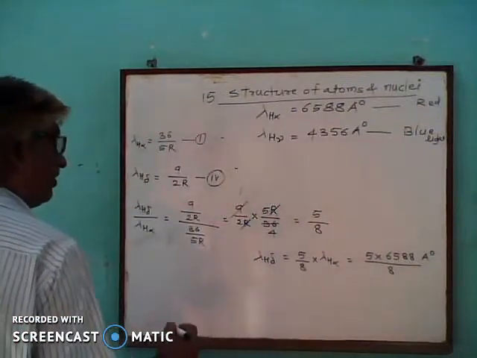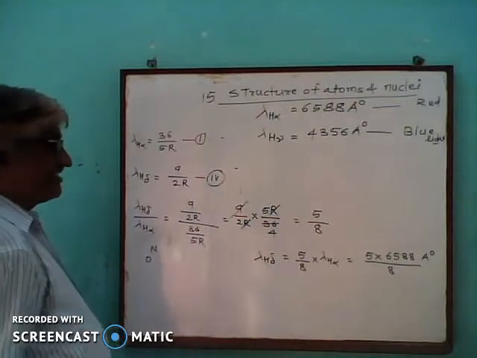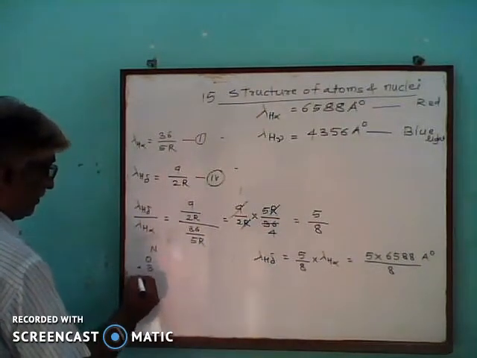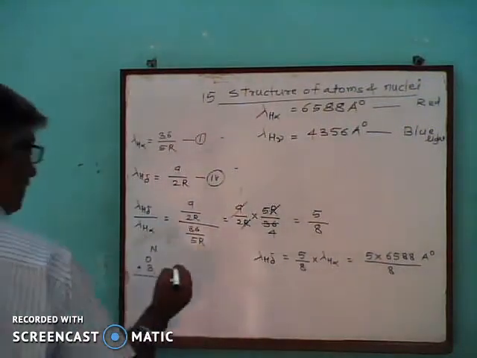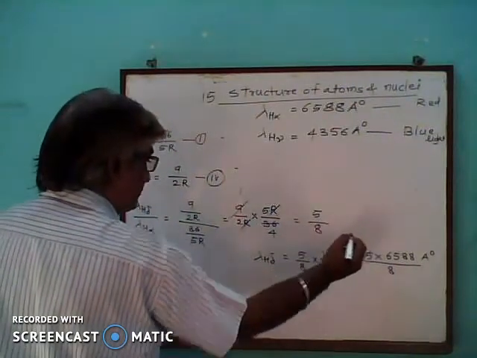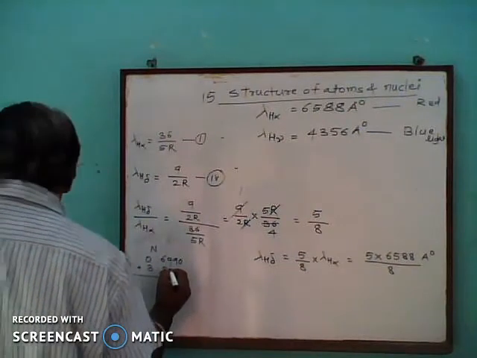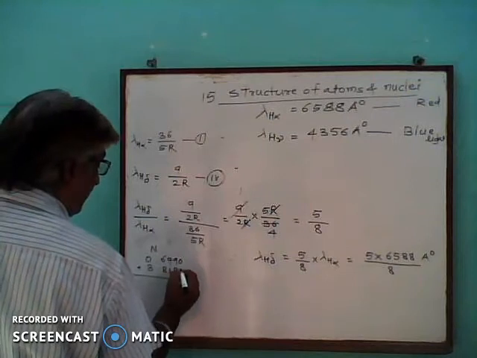If we take logarithms, the numerator characteristic will be 0 and the denominator characteristic will be 3. For 5, the logarithm will be 0.6990, and for 6588, the logarithm is 3.8187.